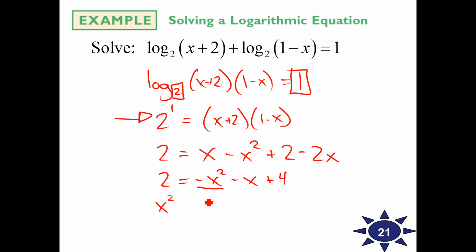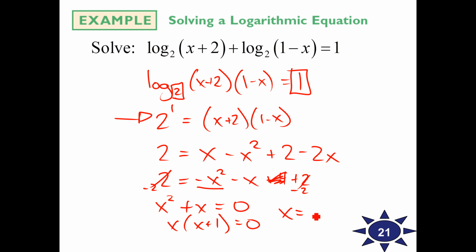So x squared, plus 2, sorry, just getting ahead of myself, because when we subtract here, we'll end up with a 0. Those will cancel out. And so we'll have x squared plus x equals 0. Let's factor out x: x times (x plus 1) equals 0. And so we have x equals 0 or negative 1.